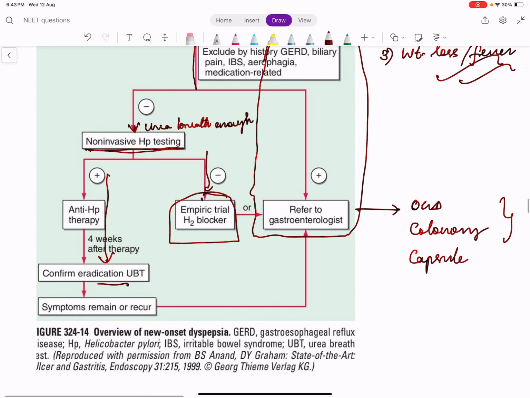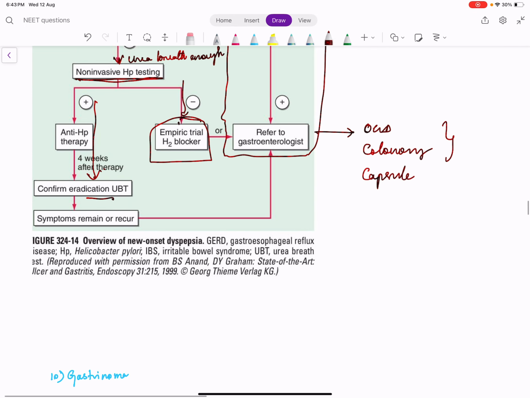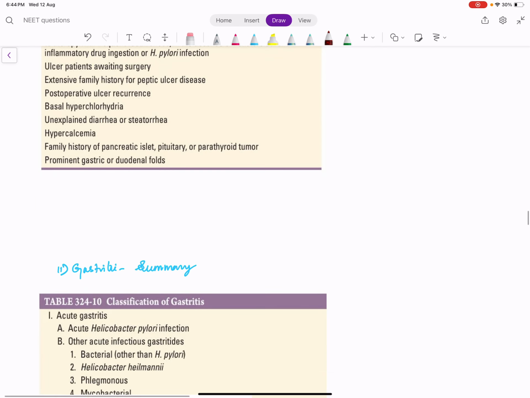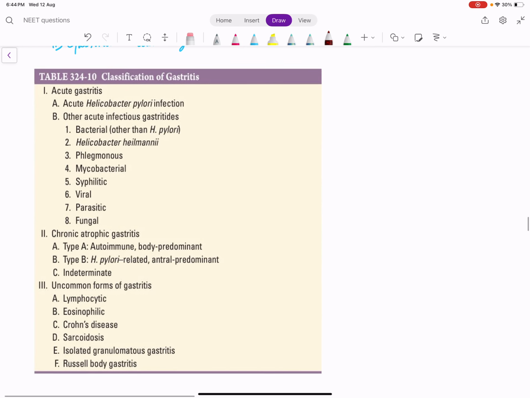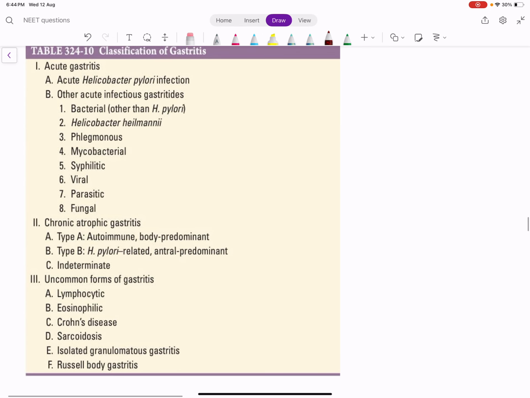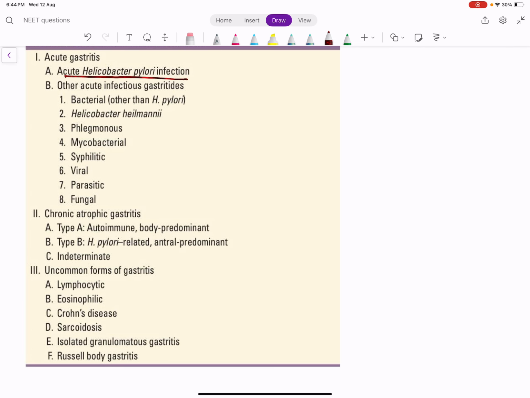And remember the next step which we discussed: suppose there is improper response to PPI or H2 blocker, think of refractory causes of gastritis like eosinophilic esophagitis, bile reflux esophagitis. Likewise, we have many other reasons. These are the other reasons. We discussed acute H. pylori gastritis is one reason.